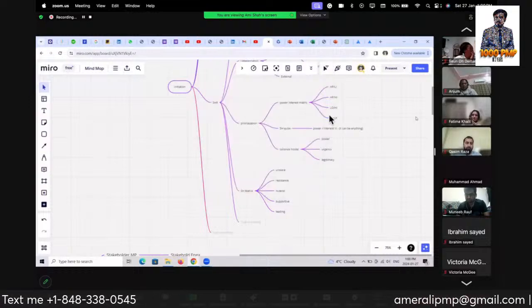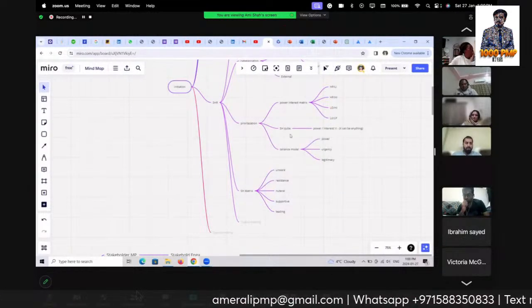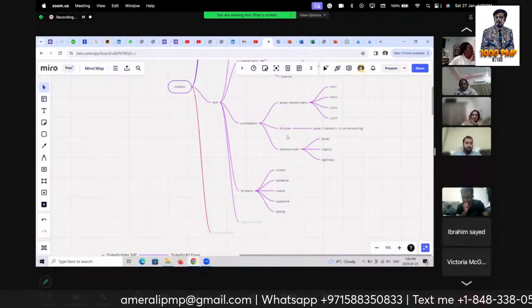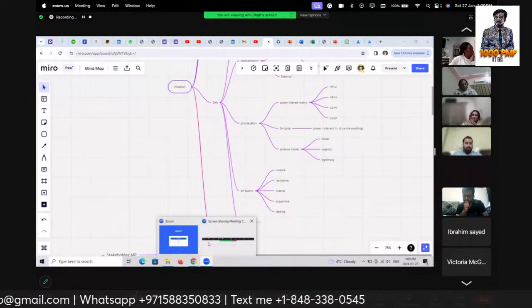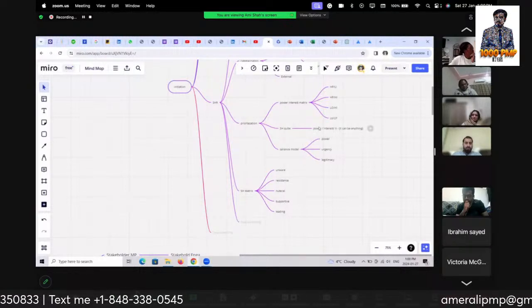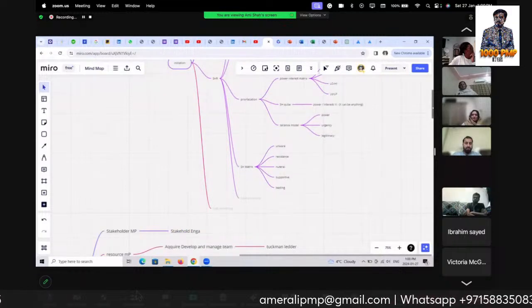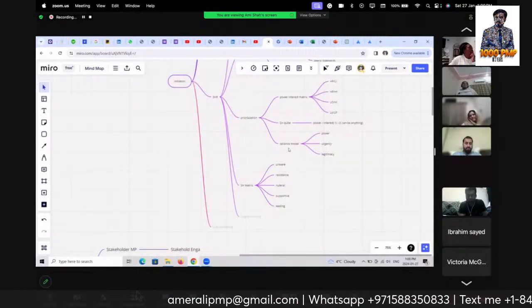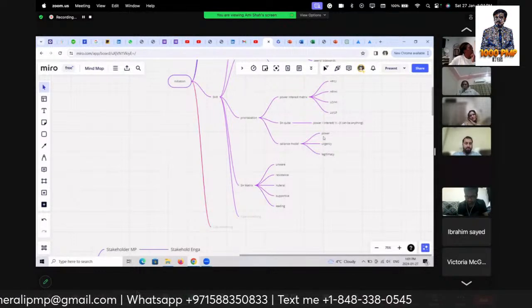Keep informed. Yeah, keep them informed. So this cube, yeah, power and interest, as well as any parameter can be considered to prioritize the stakeholders. Then we can use a salience model where we use power, urgency, and legitimacy.